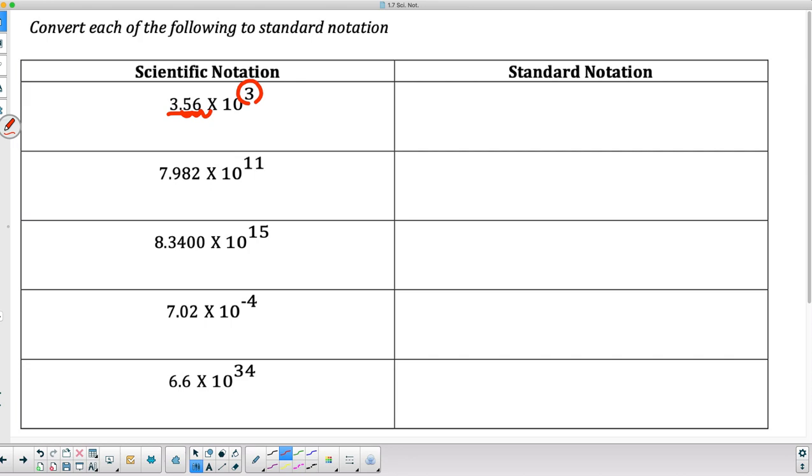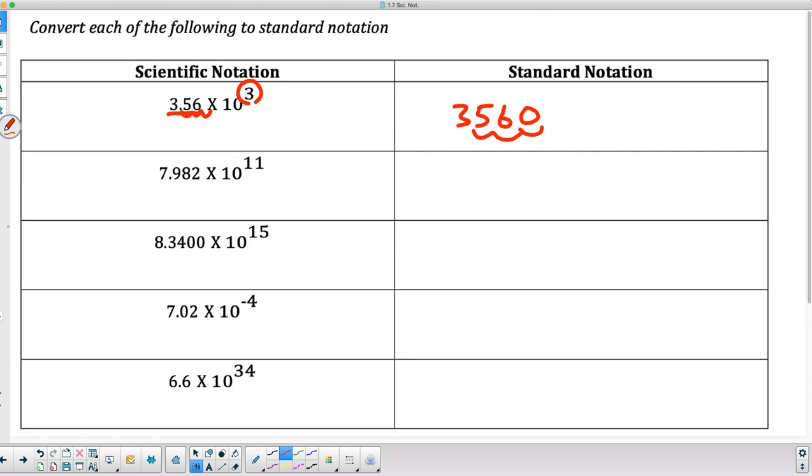When I move it 3 places to the right, notice that my decimal has one extra spot that I fill with a 0. So please use the zeros as placeholders. So here I have 3, 6, 5, 0 because I moved 3 places, 1, 2, and then 3, and the last place is a 0 for a placeholder.